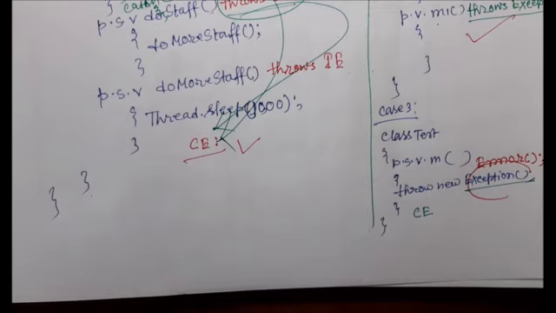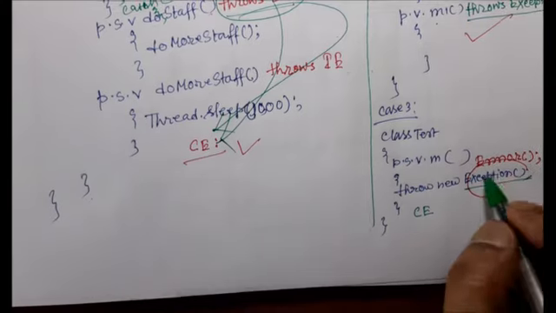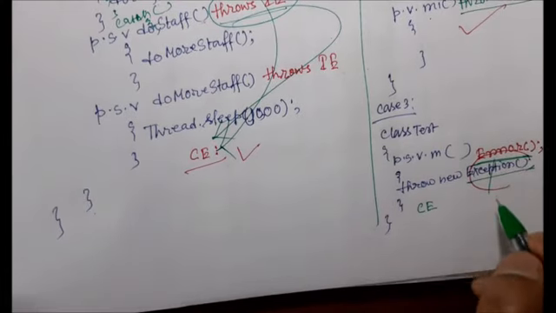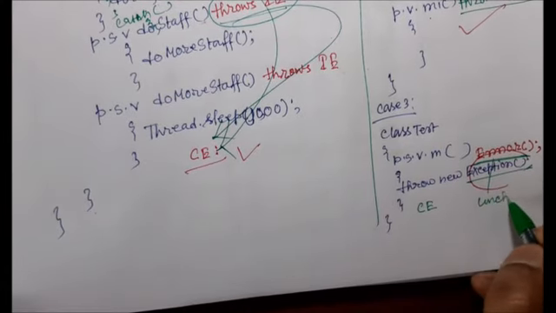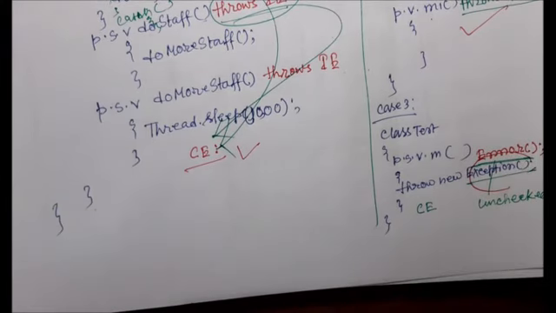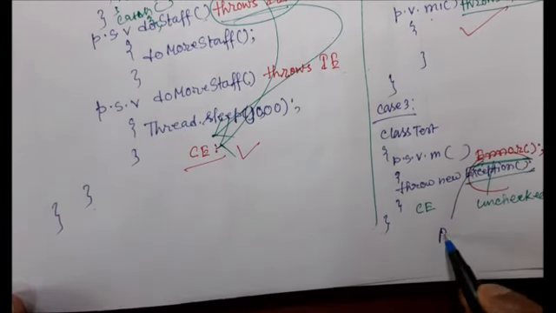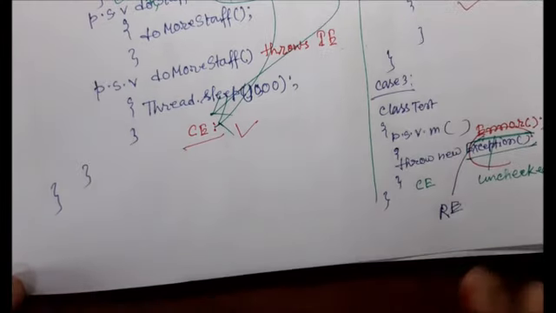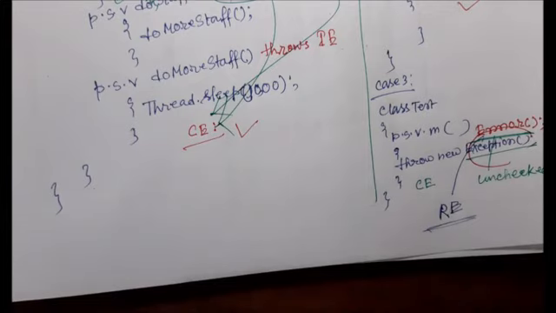It's not a compilation error, because Error, we already know, is an unchecked exception, and the compiler is not going to bother about unchecked exceptions, it always bothers about checked exceptions. So if I write Error, I will not get any compile error, but I will get a runtime exception. This is about case 3.